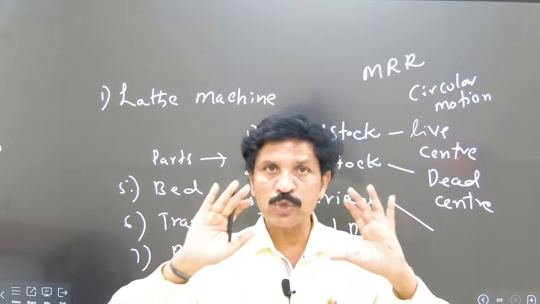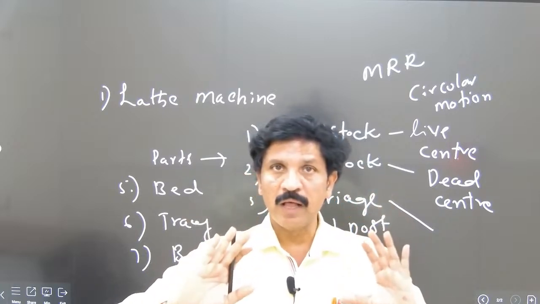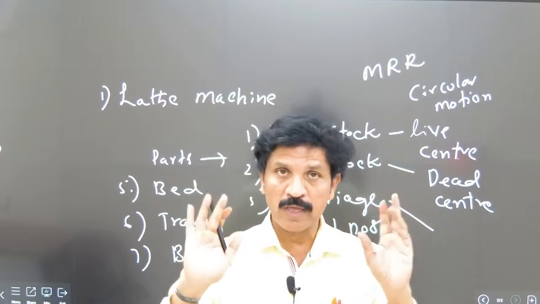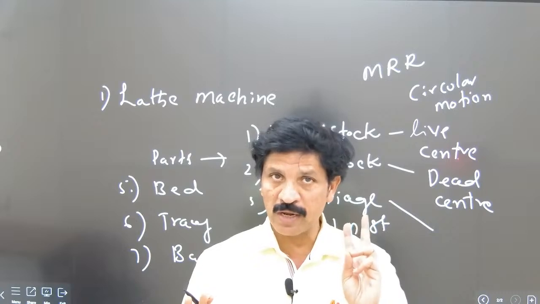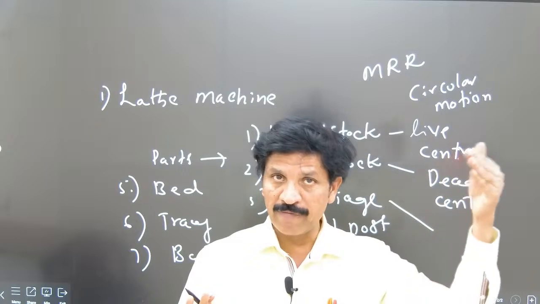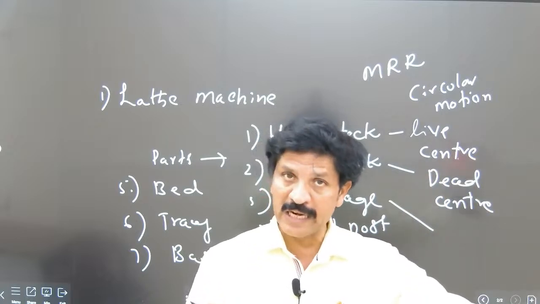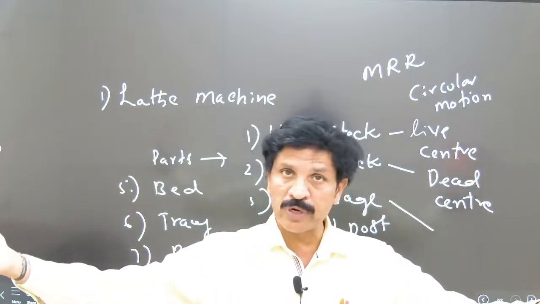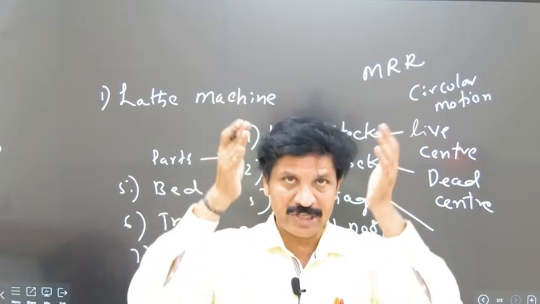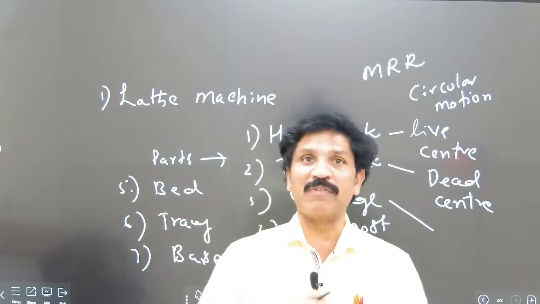So they have to be designed robustly, to bear the maximum load. There are three important parts fixed on the guideways, that is the bed. Left side is the headstock, right side is the tailstock, and at the middle we observe the carriage.